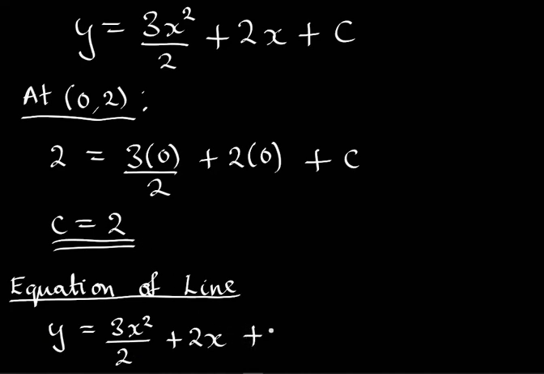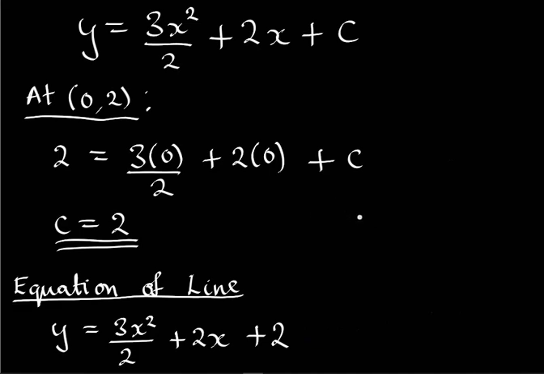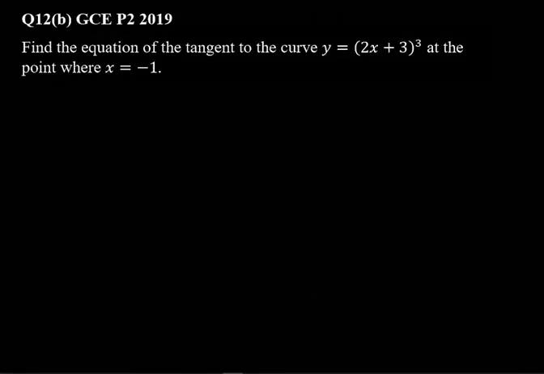The c we just found, it's 2. So this is our final answer. Actually, we don't have a line, we've got a curve. So the equation of the curve is going to be equal to that.